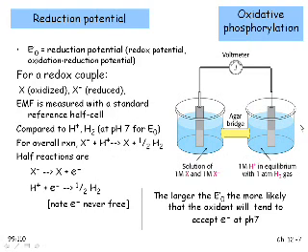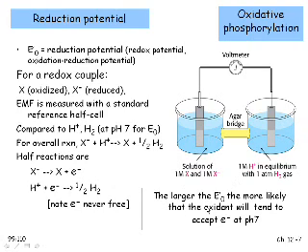For a setup like this, the overall reaction would be X minus, the reduced form, plus protons, go to X, the oxidized form, plus half a molecule of hydrogen gas, which we can break out into these half reactions: X minus goes to X plus an electron, and H plus plus an electron goes to a half H2. But the electrons are not free in this process.